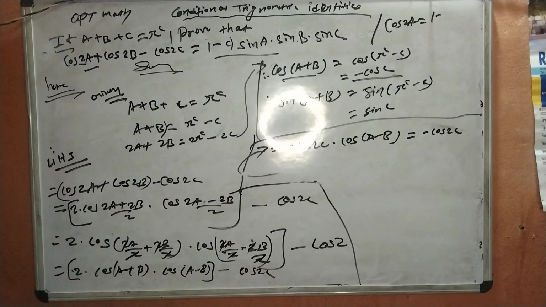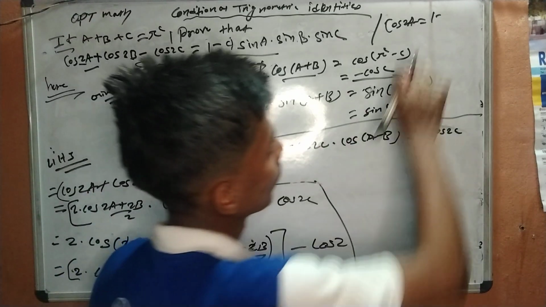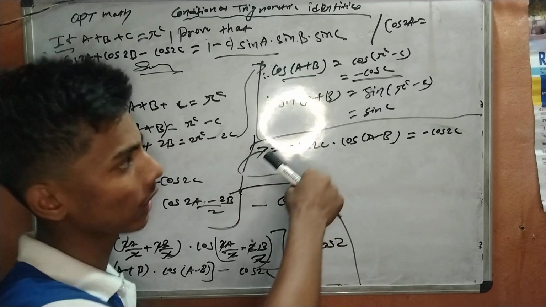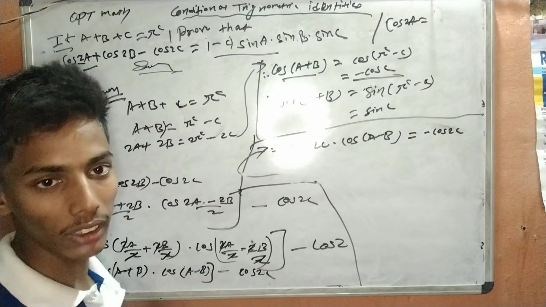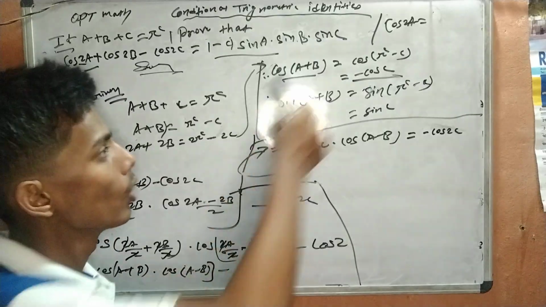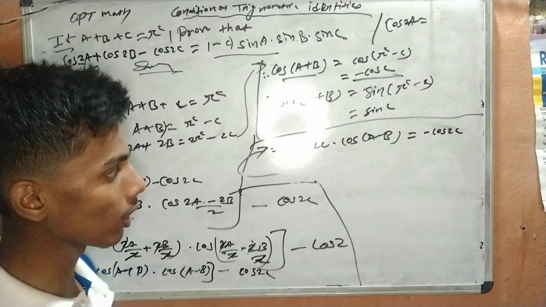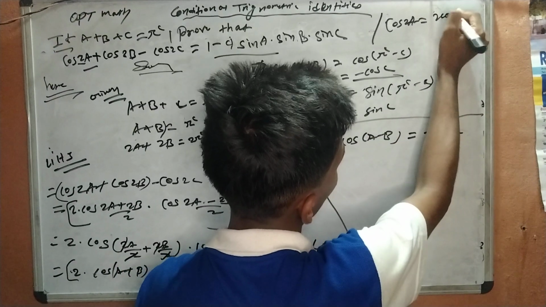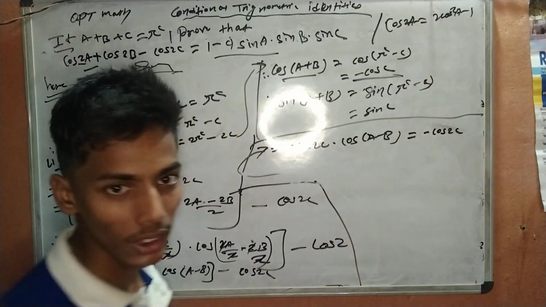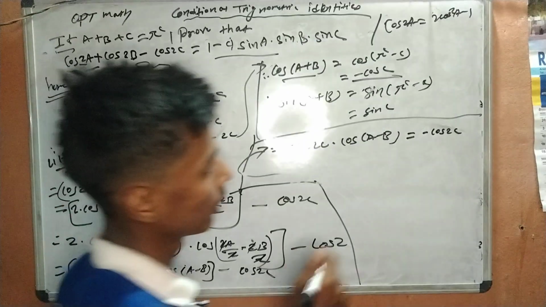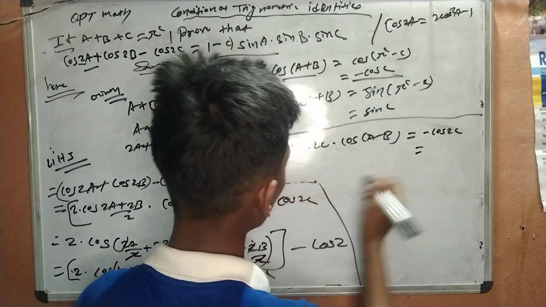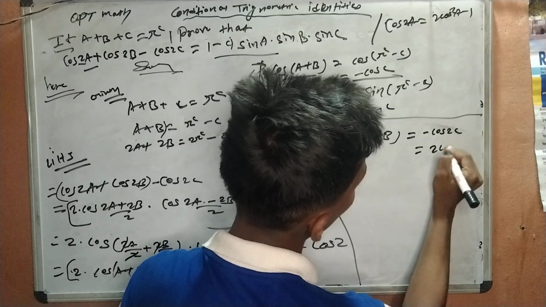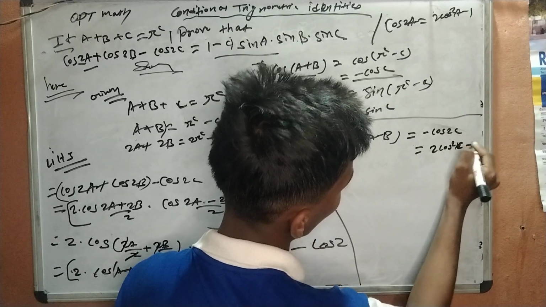The exact formula has 4 forms. Here we have to use 2 cos square a minus 1, because cos is given here. Instead of a we can keep c, so I am going to write 2 cos square c minus 1.